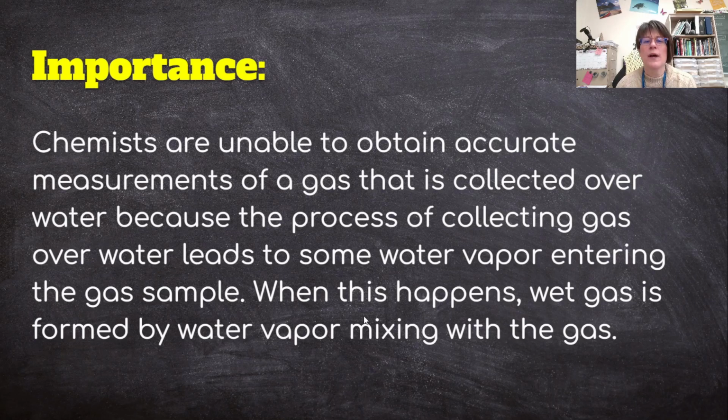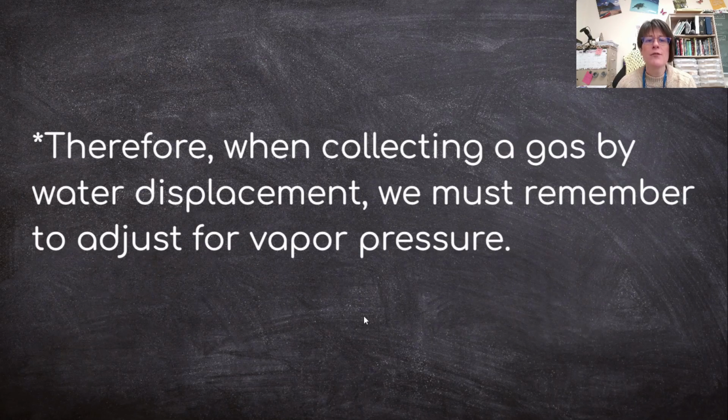When this happens, wet gas is formed by water vapor mixing with the gas. So you have to be able to account for that extra pressure from the water vapor. Therefore, when collecting a gas by water displacement, we must remember to adjust for vapor pressure. So we're not going to do any problems with that, but it is something to be aware of.